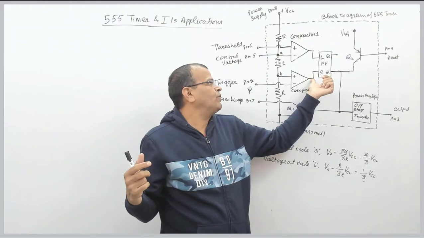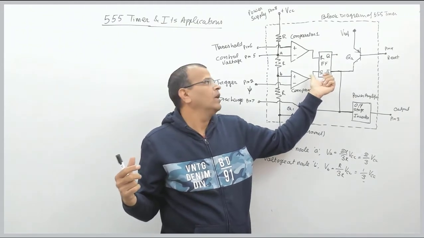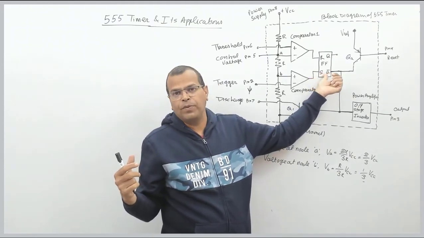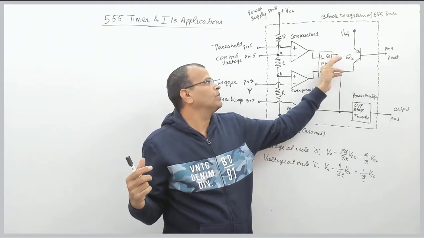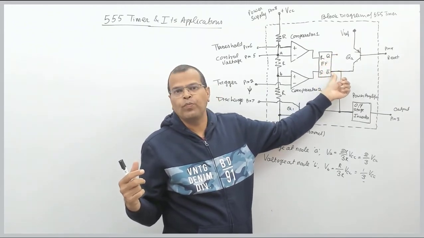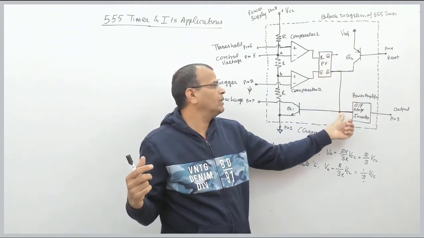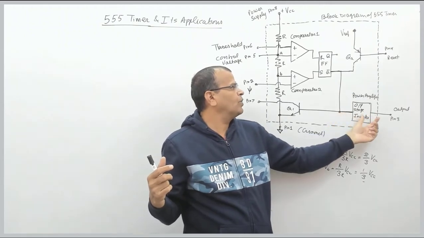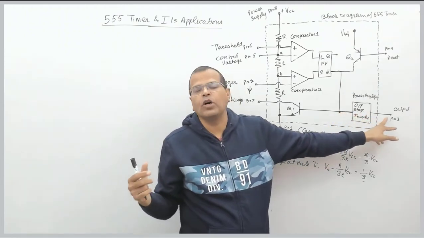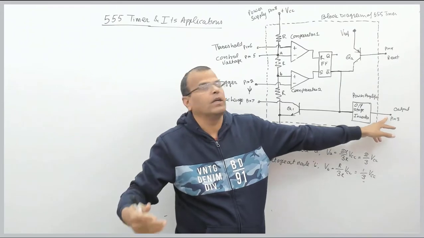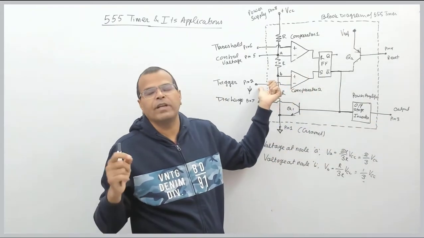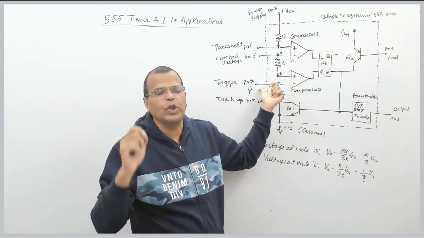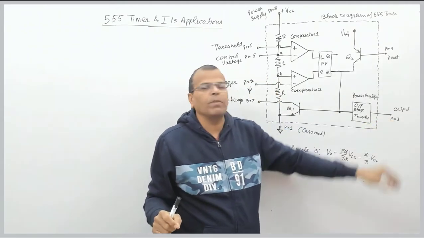When output of comparator 2 is high, this sets the flip-flop. Sets means Q becomes high, Q bar becomes low. When Q bar is low, output of this inverter becomes high. That means output of the timer becomes high. So when you give a negative triggering pulse at pin number 2, output of the timer becomes high.